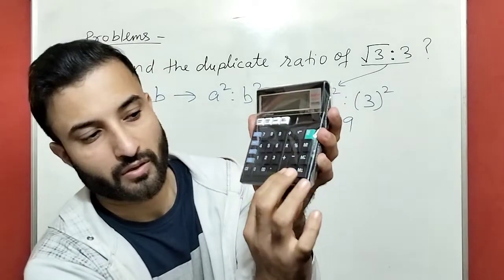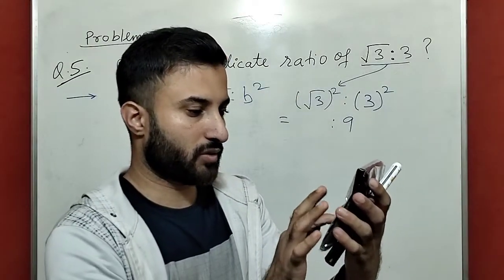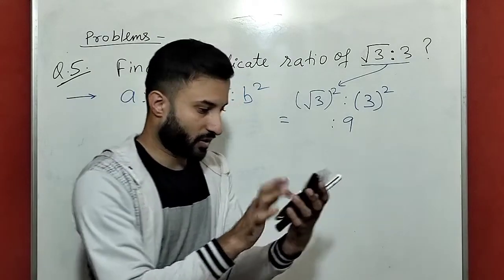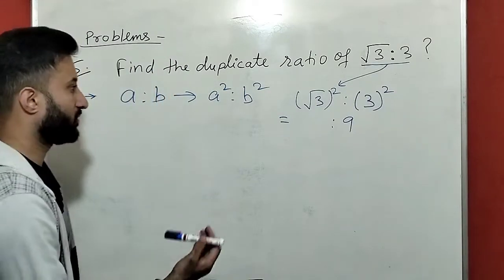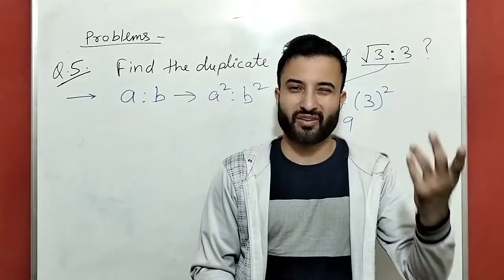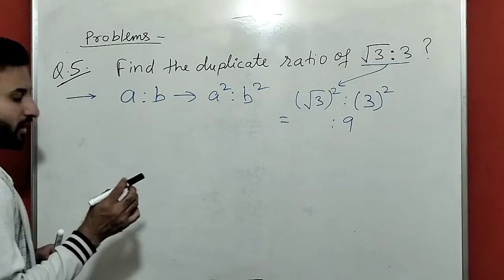So root 3 equals 1.73, then again into 1.73 will be a little long, and you get 2.99. Okay, forget about that calculator. I will teach you the simple method.